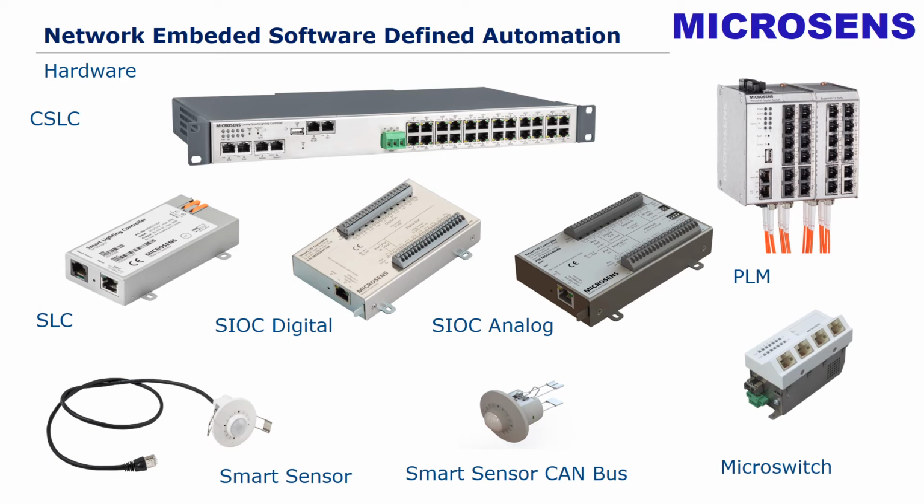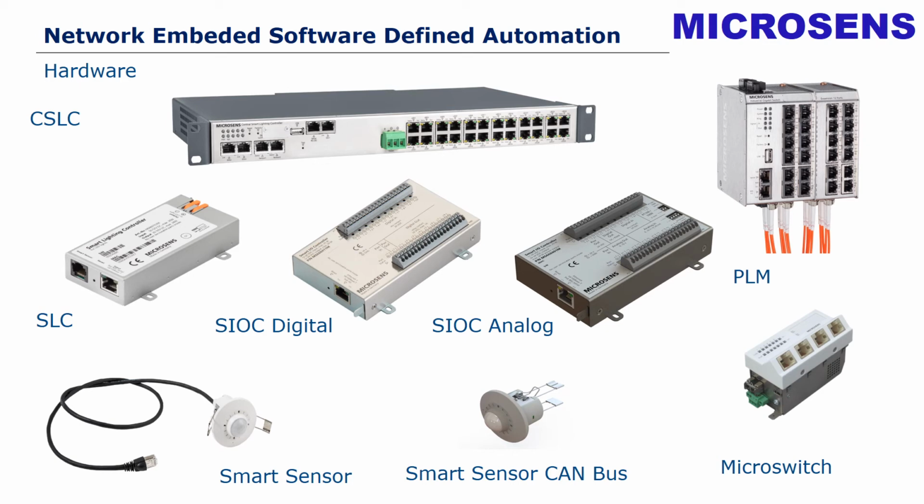So on the bottom line we see our smart sensor. This is the conventional one, and this is the smart sensor for the CAN bus version, which is used with the central smart light controller on the top. The conventional smart sensor is used for the SLC approach.